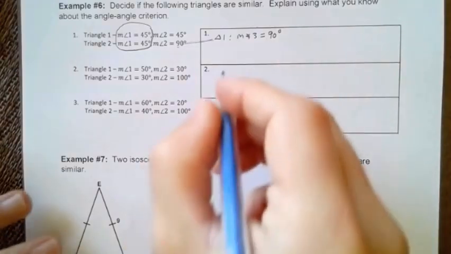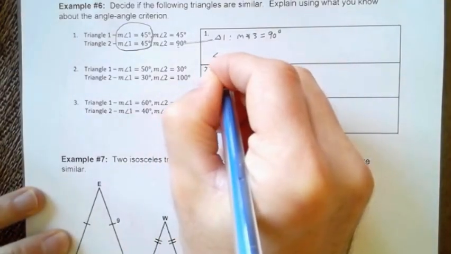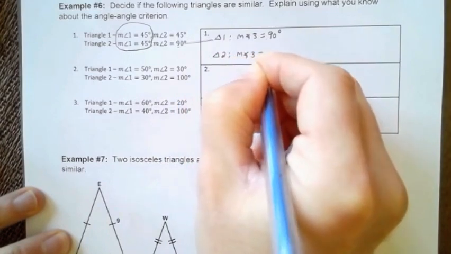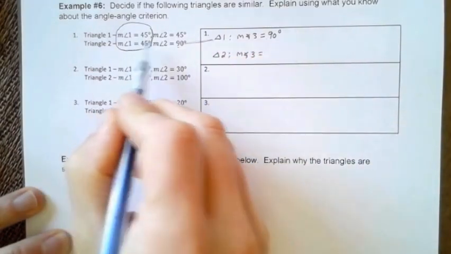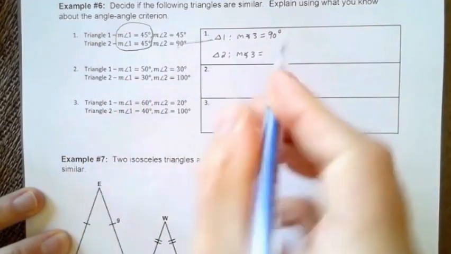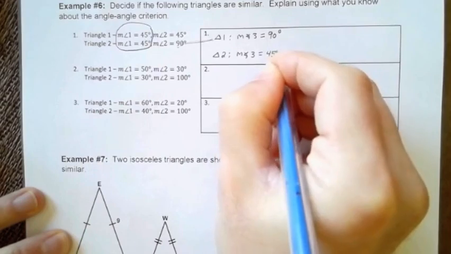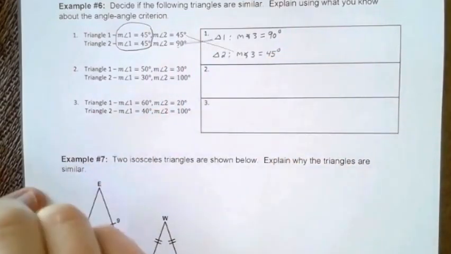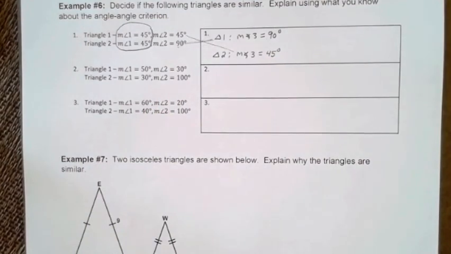If I wanted to, I could also show on triangle two that the measure of angle three has to be how much? Well, 45 plus 90 is 135, and 180 minus 135 is 45 degrees. And so these two angles are also congruent. So we actually have three pair of congruent angles in our triangles. But again, we only needed to have two pair.